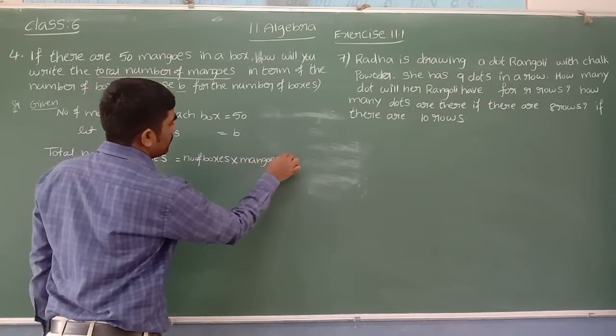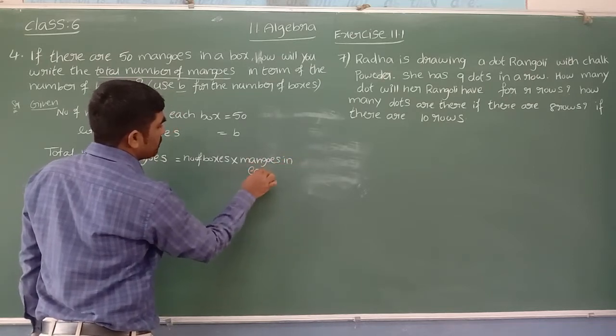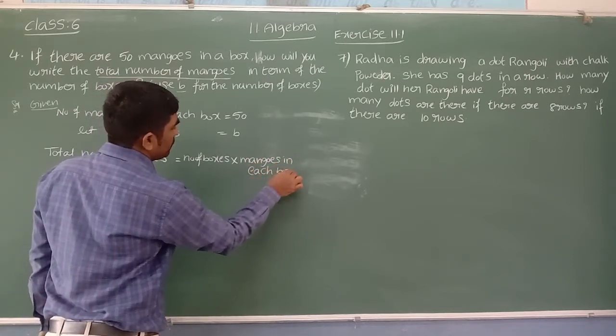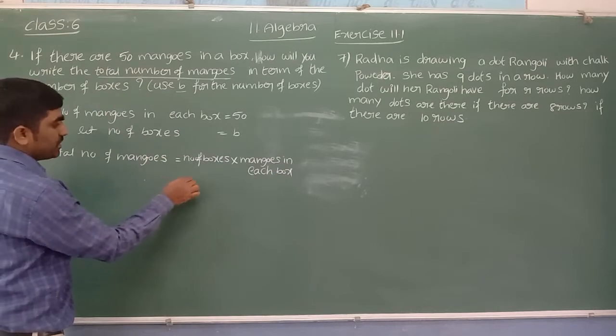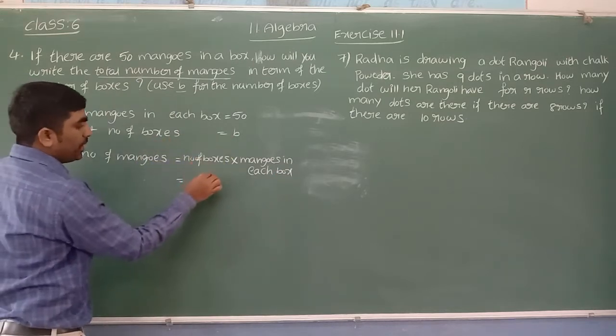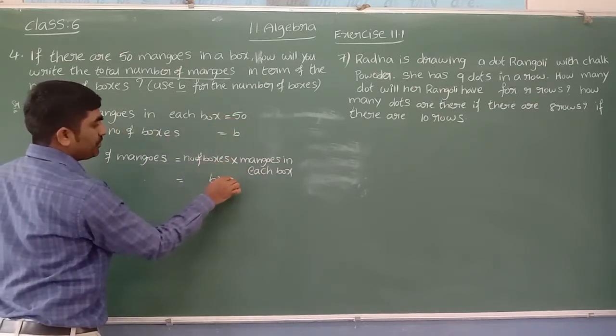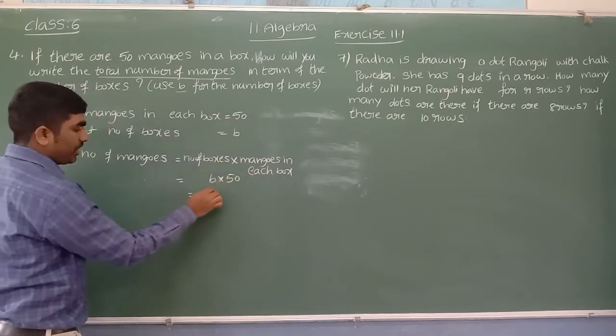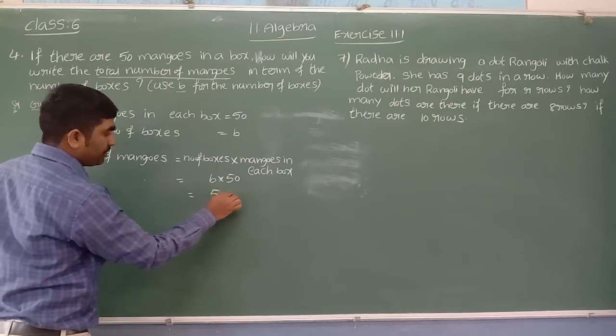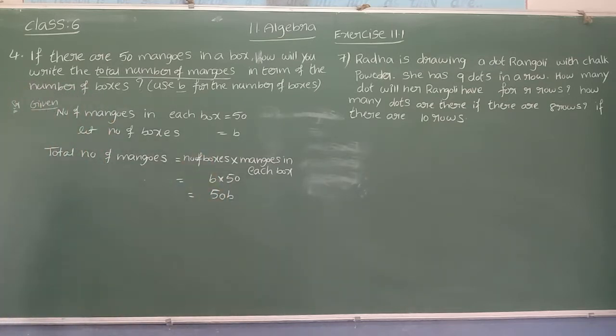How many boxes are there? We have B boxes into mangoes in each box. How many did they say? 50. B into 50, we can write 50B. Try to write the constant first.